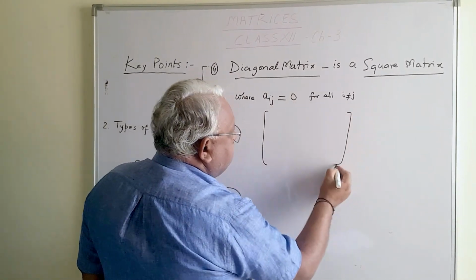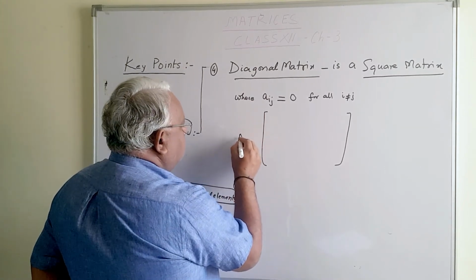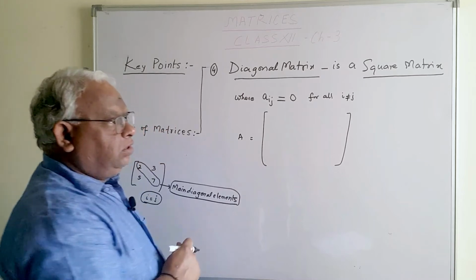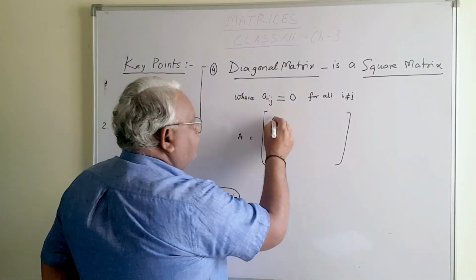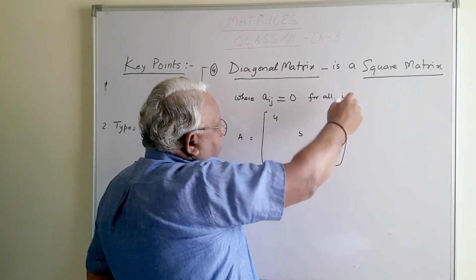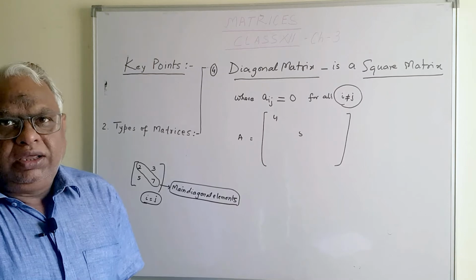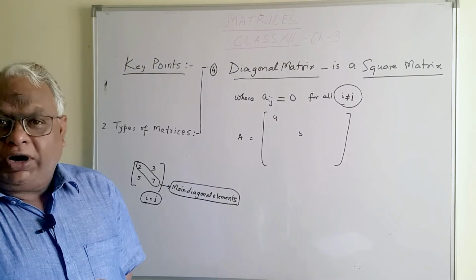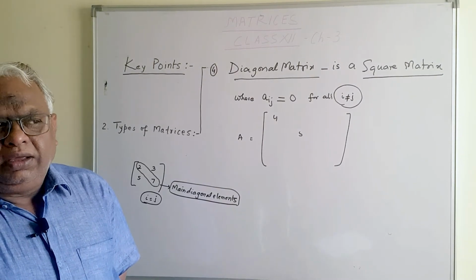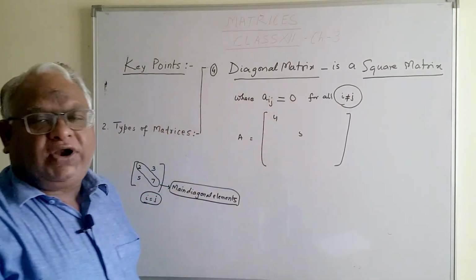So for generating a main diagonal element, what do you need to do? Because this is the definition for I not equal to j. What about I equal to j? It means I equal to j may not satisfy this condition.